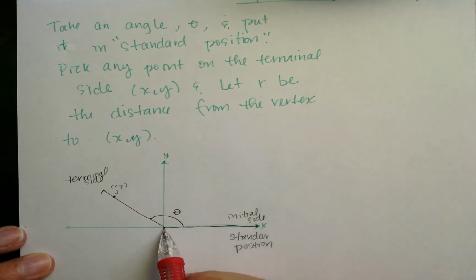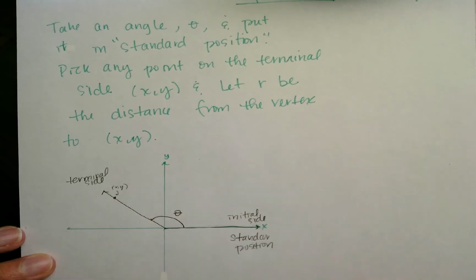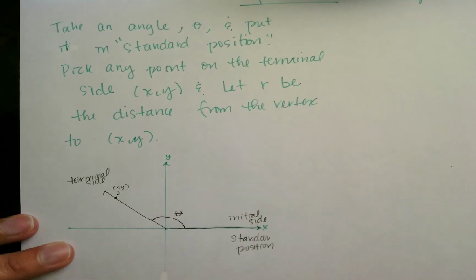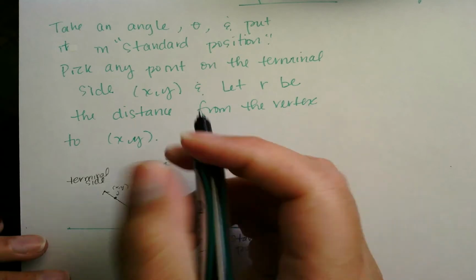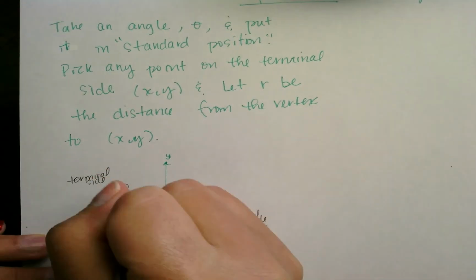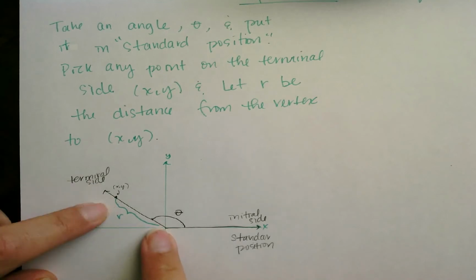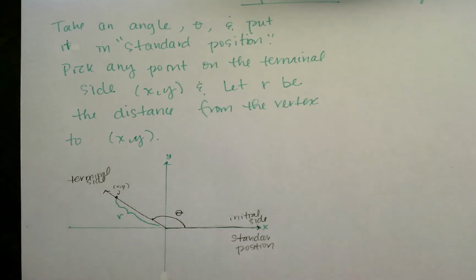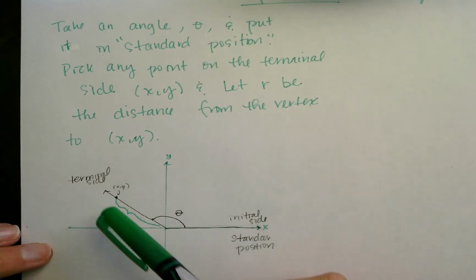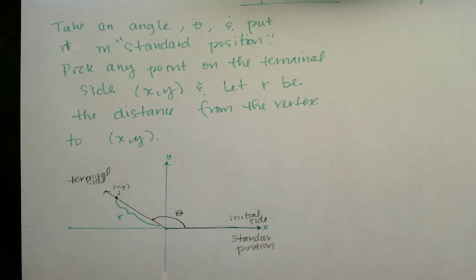And let r be the distance from the vertex to the point. So this is your r, or as you can call it, radius if we were on a circle. That distance from the origin to the point that you picked, that's the distance r. That's the point x, y.